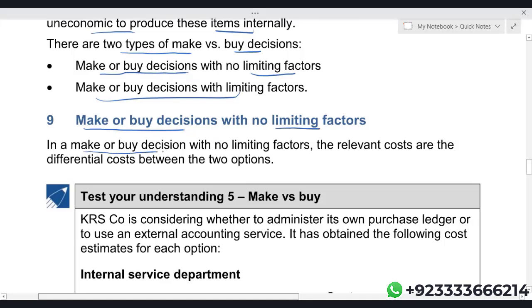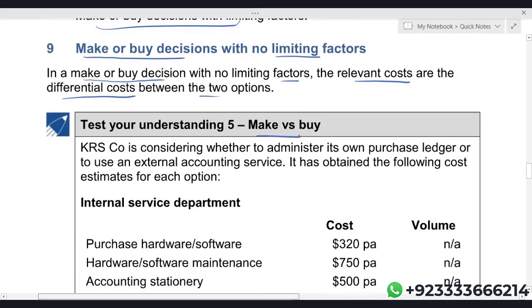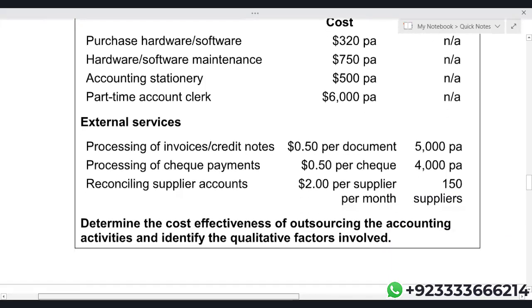In a make or buy decision with no limiting factors, the relevant costs are the differential cost between the two options, make versus buy. Determine the cost effectiveness of outsourcing, meaning get the same job done by someone else, the accounting activities, and identify the qualitative factors involved as well.